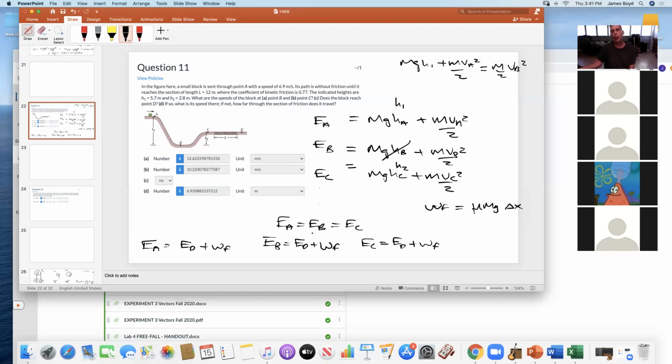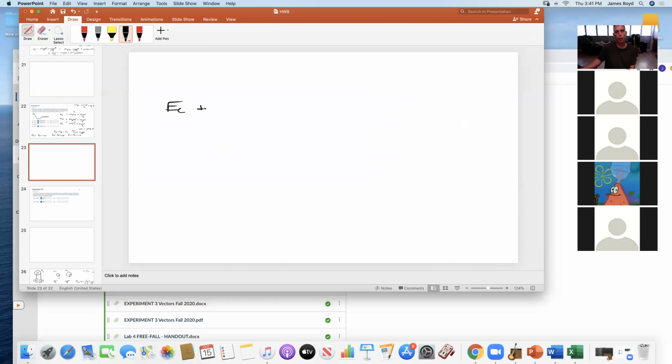Here, we're going to assume that ED is mgh2 plus mvd squared over 2, and that's 0. So let's set EC equal to ED plus work of friction.